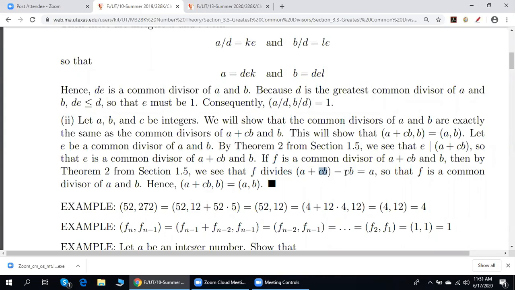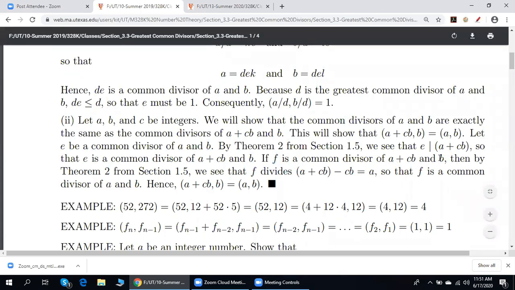But after the cancellation of CB, what is left is just A. Conclusion: if F is a common divisor of A plus CB and B, F is a divisor of A. Conclusion: if F is a common divisor of this and this, F divides this, so F divides B and A.